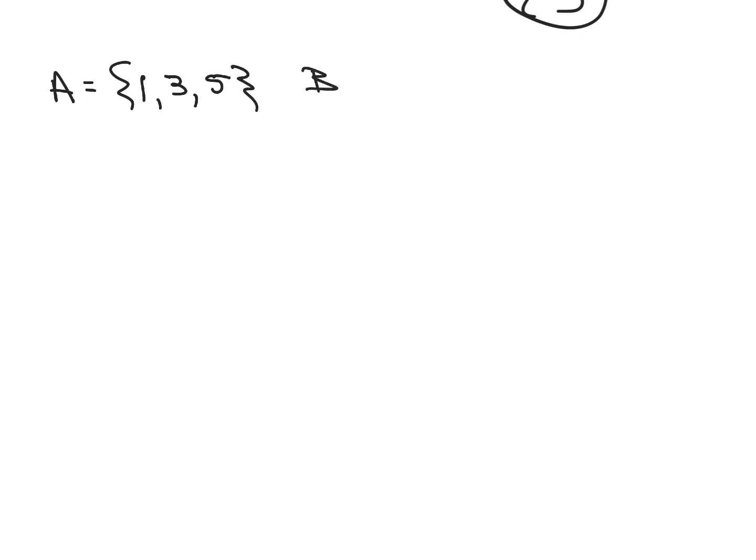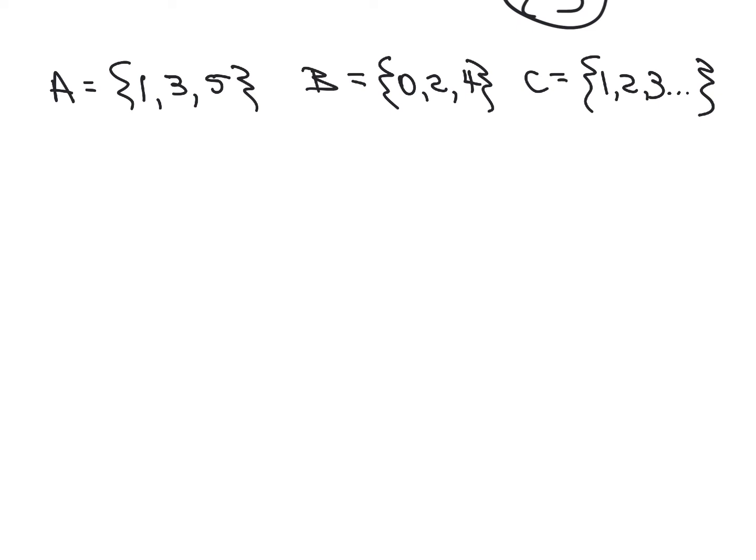And I say we've got another set B, and it has the numbers 0, 2, 4. And then I have C, and that has the numbers 1, 2, 3, and let's just say it has all numbers 1, 2, 3, 4, 5, 6, 7, all the way into forever, into infinity.